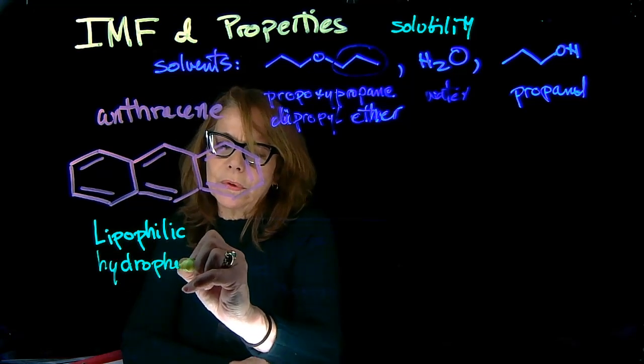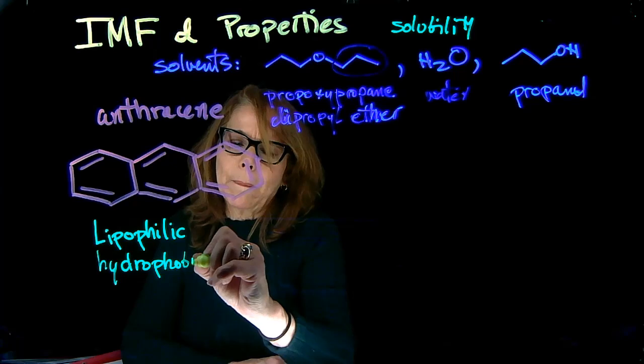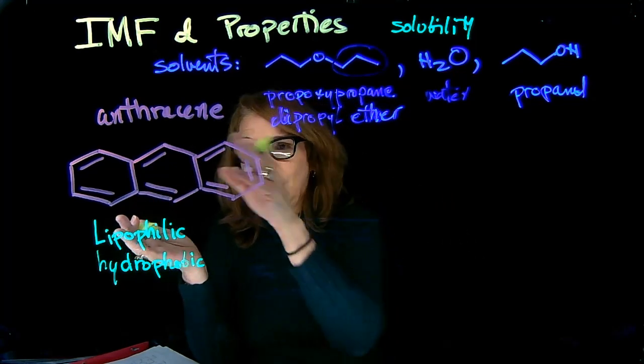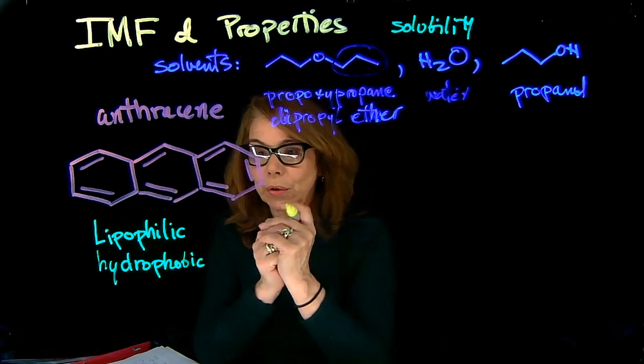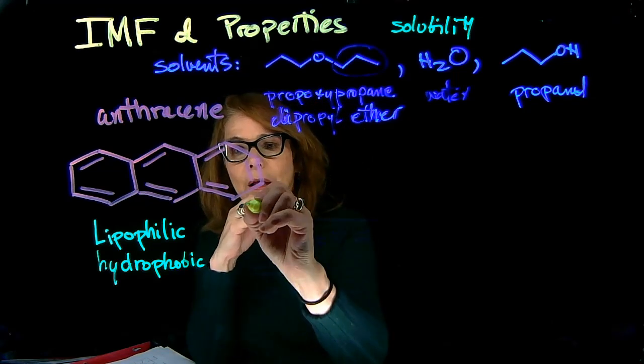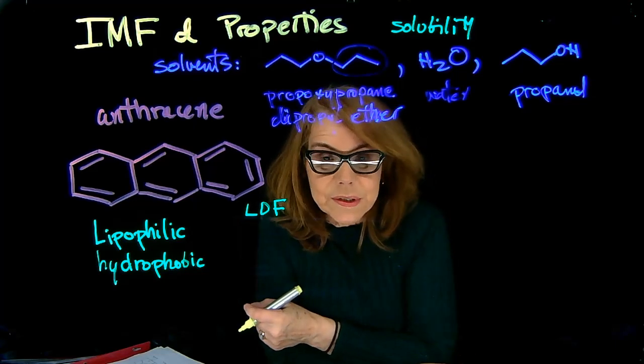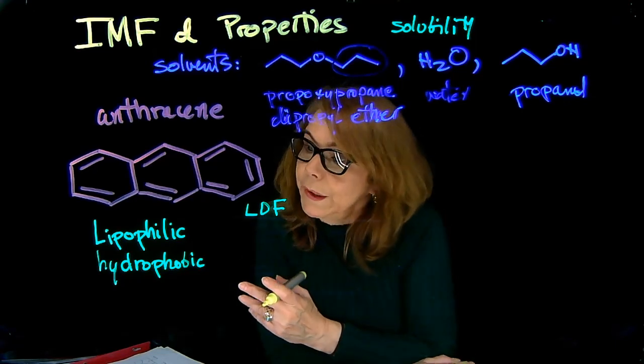Let's see where those names come from. So here, this molecule only has carbon and hydrogen. The only force that we have here is London dispersion forces in anthracene, which are pretty weak.